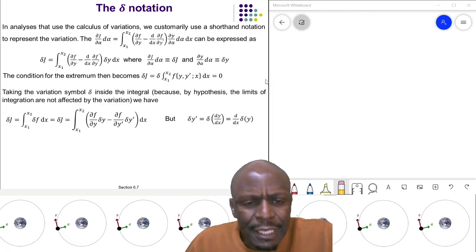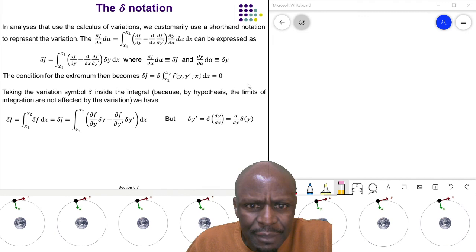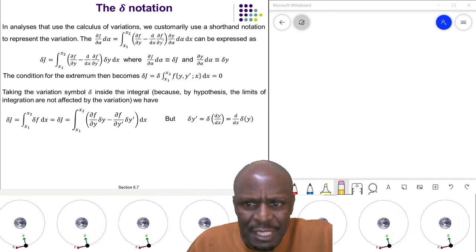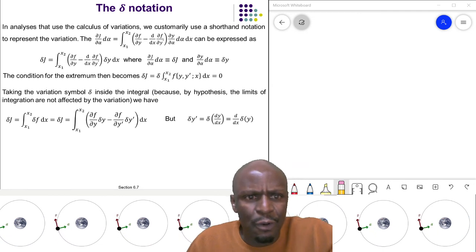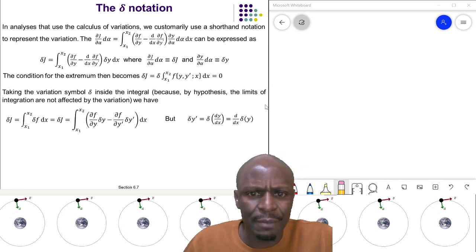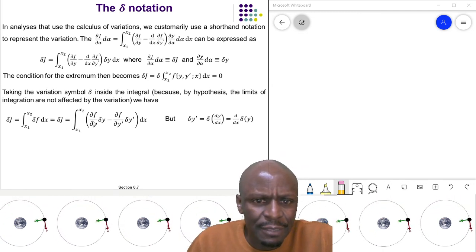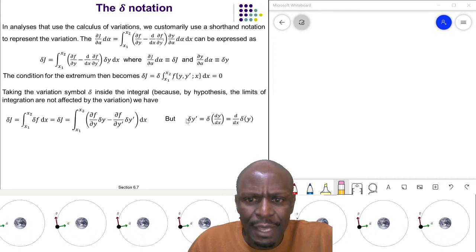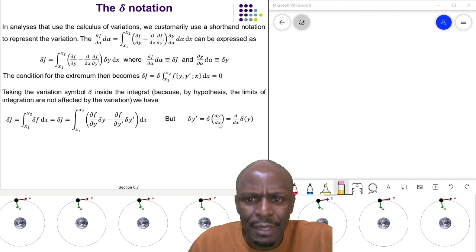Now taking the variation symbol inside the integral, because by hypothesis the limits of the integration are not affected by the variation, we have this equation here, but we know that delta y prime is just given by that.